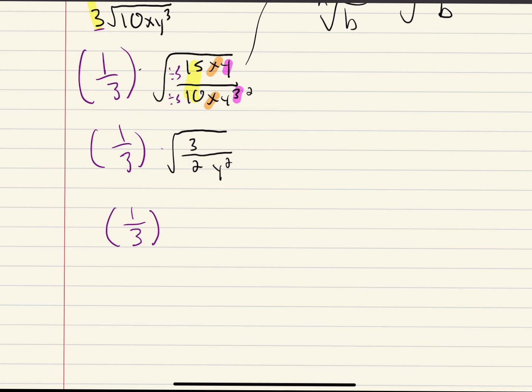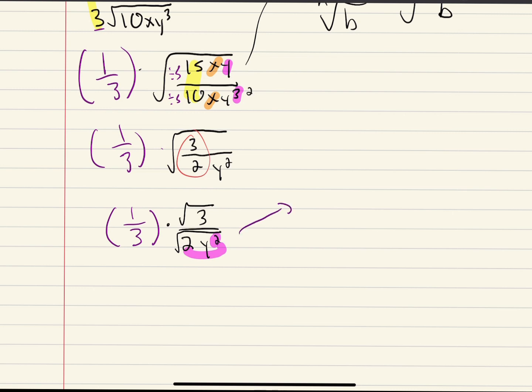Now I can already see that there's a fraction over here, so I know that I'm going to have to rationalize the denominator, so I'm going to rewrite this as root 3 and then over root 2y^2. Now what I'm also going to do is this one here, because I can see that there's a square, I'm going to simplify it as well.